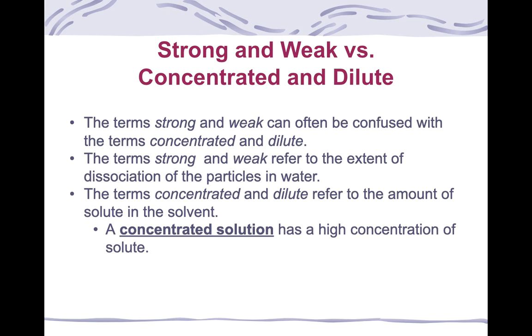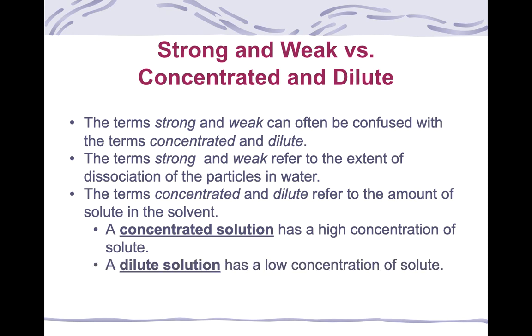A concentrated solution has a high concentration of solute, whereas a dilute solution has a low concentration of solute. You can have a concentrated solution of a weak acid, or a dilute solution of a strong base. You can have all the different options.